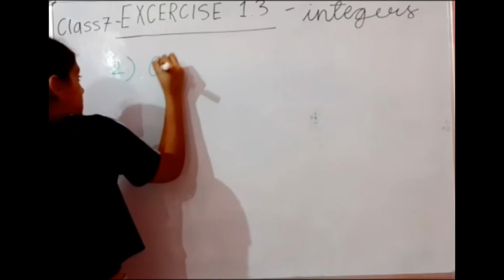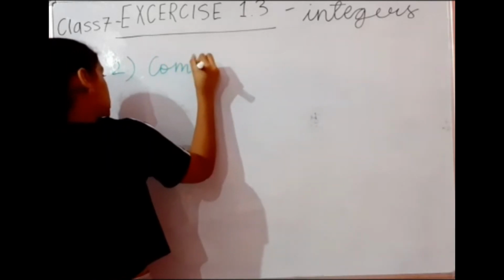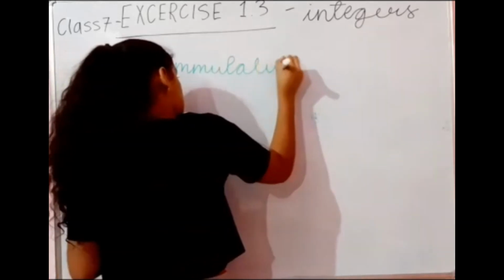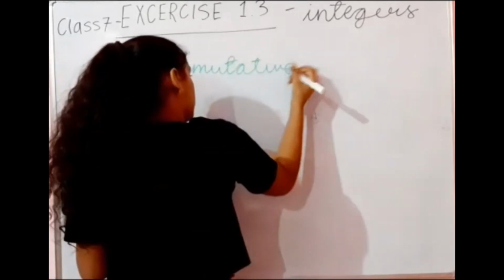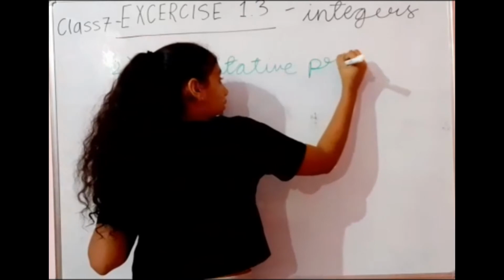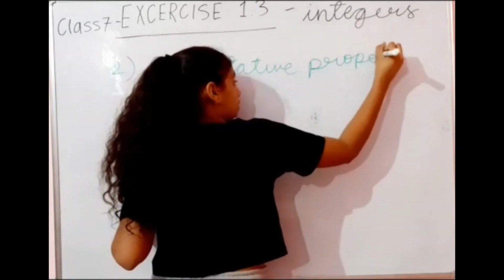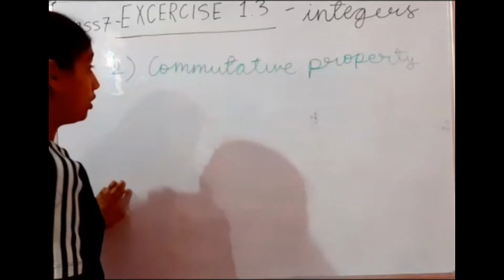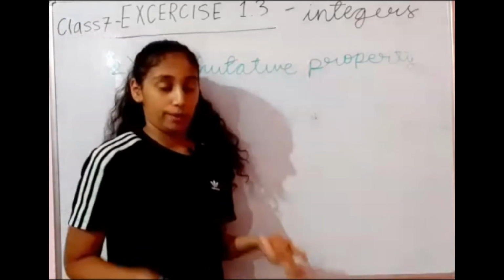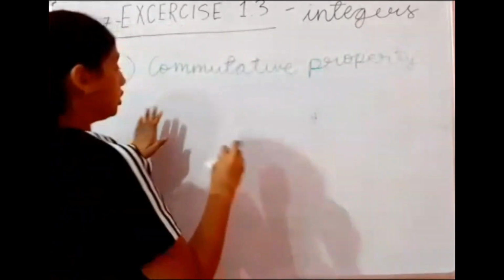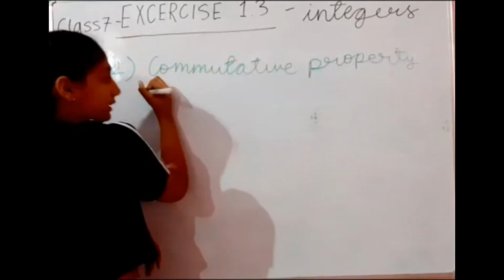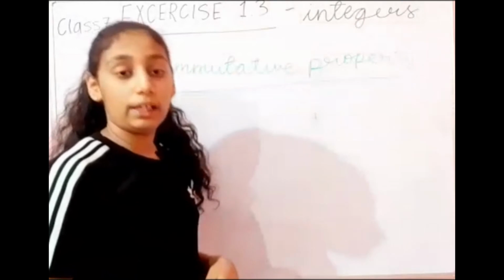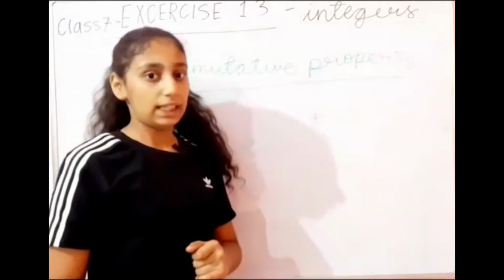The second property is the commutative property. Right. So what does the commutative property say? The commutative property says that we can multiply integers in any order. Is that so?